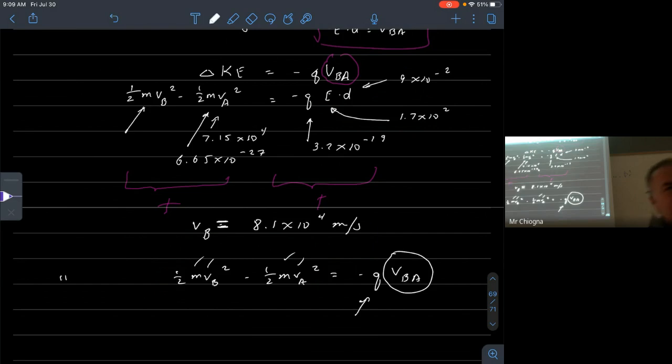You have the initial and final A and B speeds. You can solve for it. This side is negative. So you force this side to be negative. Okay. 6.8 times 10 negative 1. So 0.68 volts.